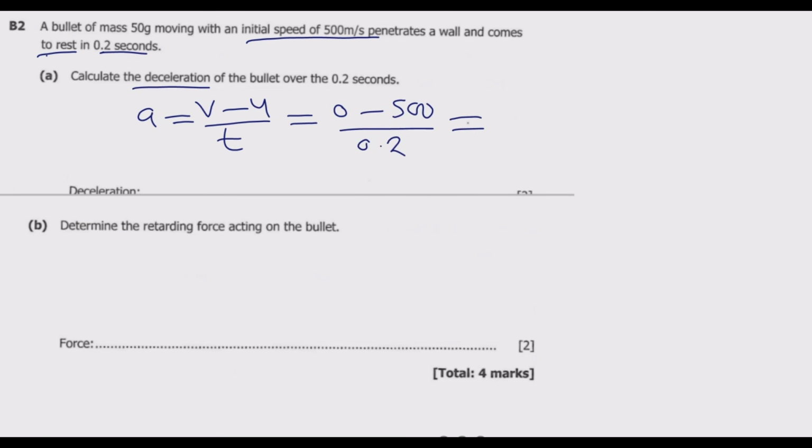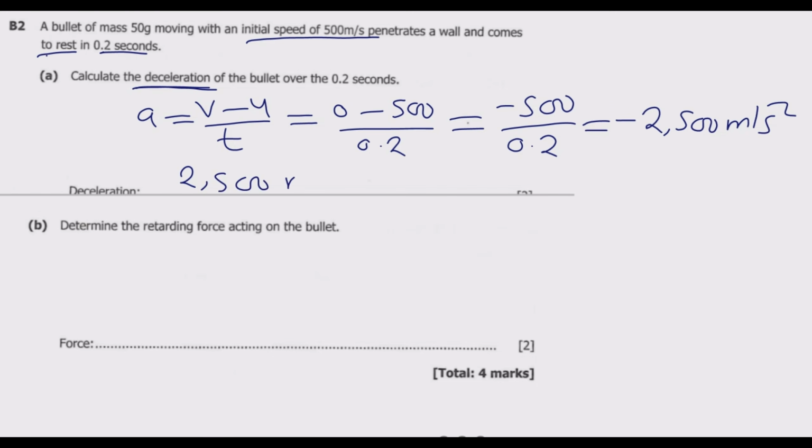This gives us minus 500 divided by 0.2, which gives us minus 2500 meters per second squared. Because it's negative, we know that it's actually deceleration, which is the opposite of acceleration. So we are going to write it as a positive number, because the question is asking us to find the deceleration.